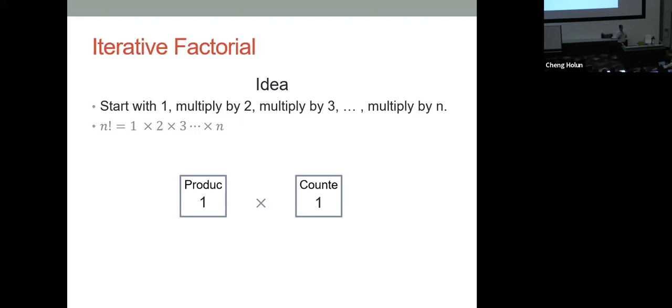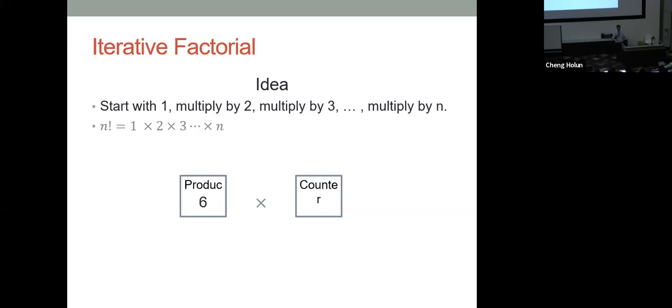And look at this animation carefully. 1 times 1. Okay, and the next one is 1 times 2. And I store 2 as the temporary product. Next step, 2 times 3 equals 6.